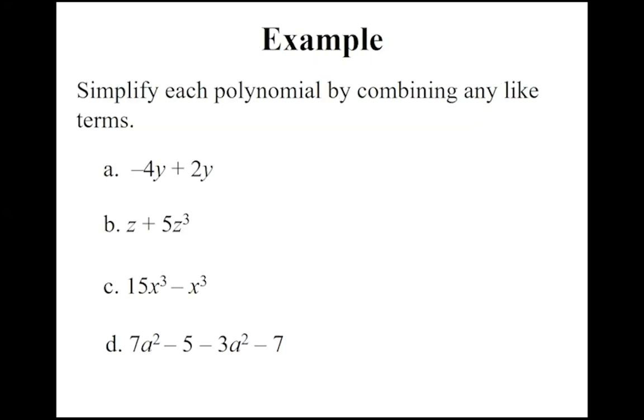In A, our two terms are like terms. They're both y's, and the y's are both raised to the first power. -4 of them plus 2 of them gives us -2 of them, -2y.